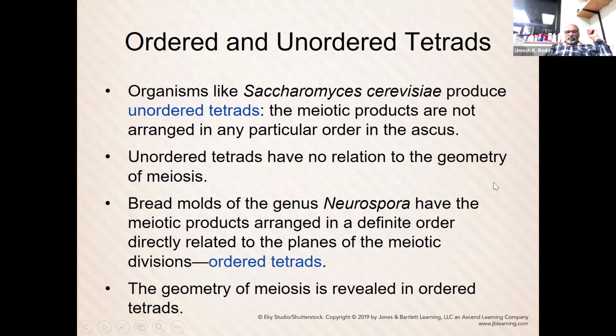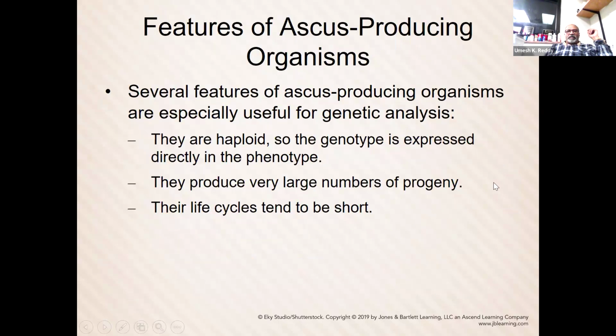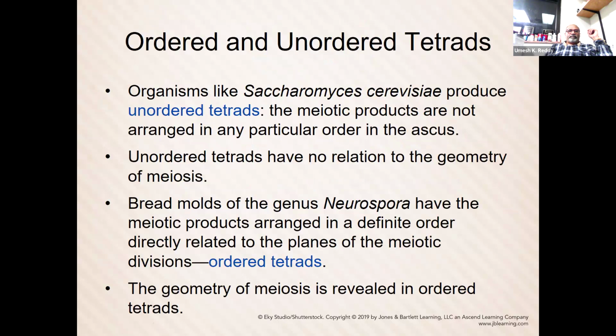Okay. So one thing we need to understand here, what is a tetrad? Meiotic products, once the meiosis is over, the zygote especially is a 2N. And the 2N zygote undergoes meiosis, and this meiosis will have 4 different cells in the first meiosis. They are called unordered tetrads. We'll discuss why we call it an unordered tetrad. Ordered tetrads are in the second generation.